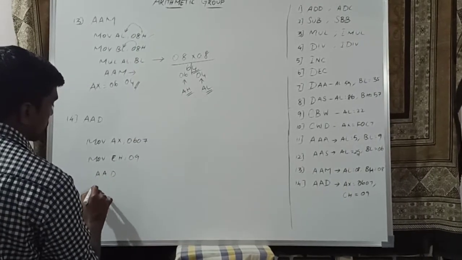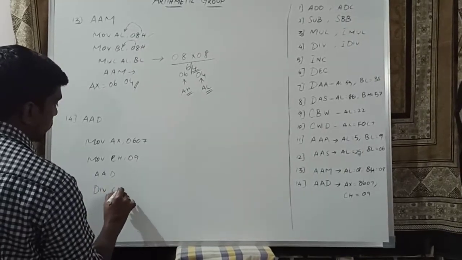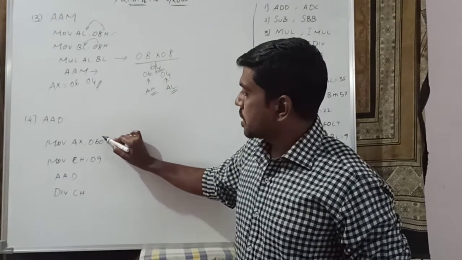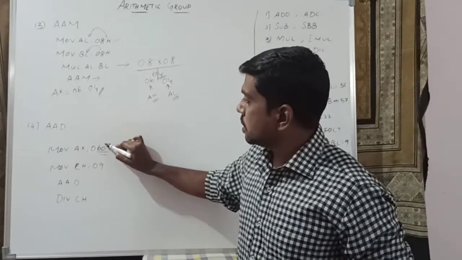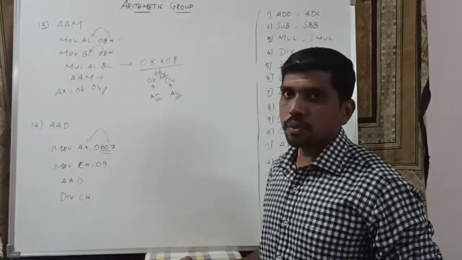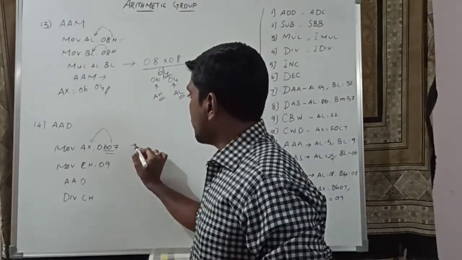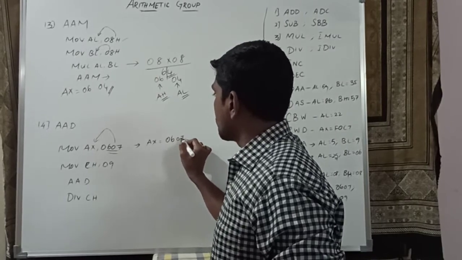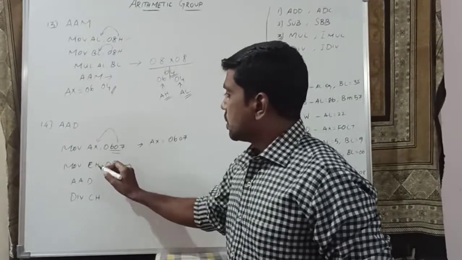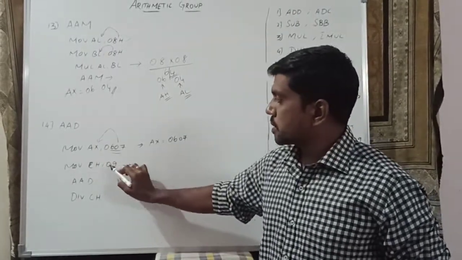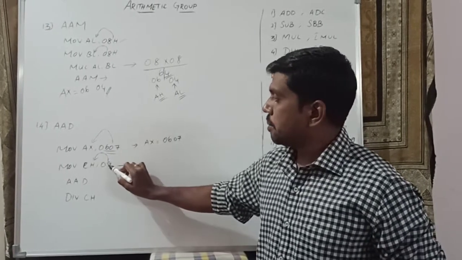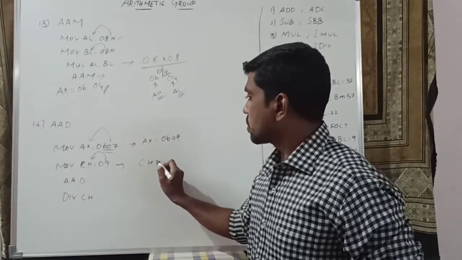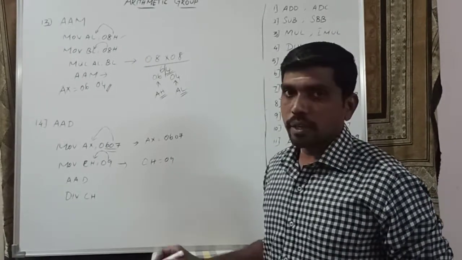After the AAD instruction, you can use DIV CH. The first instruction says whatever immediate value is present is transferred to the AX register, so AX holds 0607. The second instruction, MOV CH, 09: this immediate 8-bit value is transferred to the CH register. After execution, the CH value is 09.